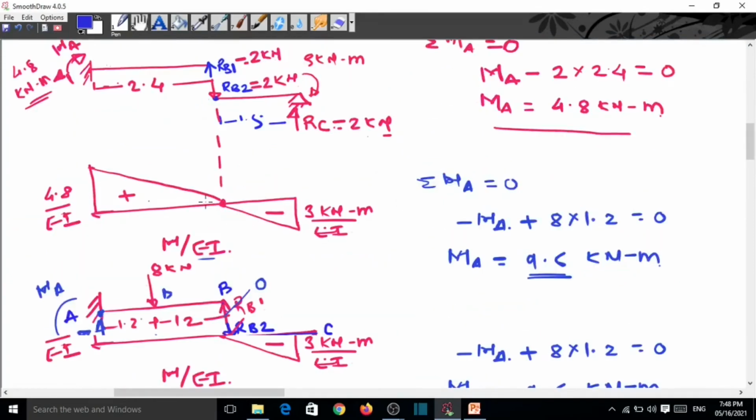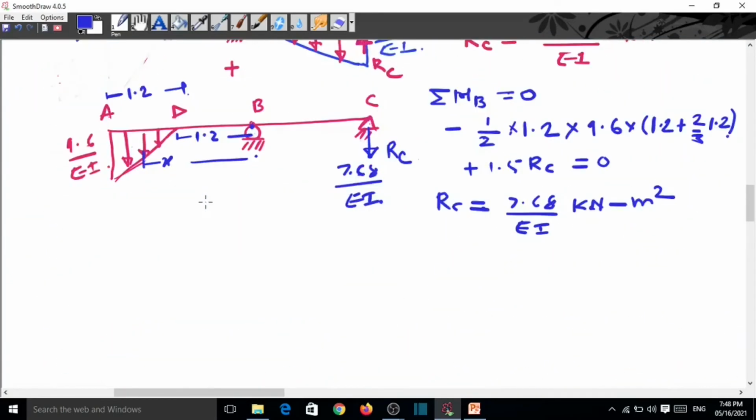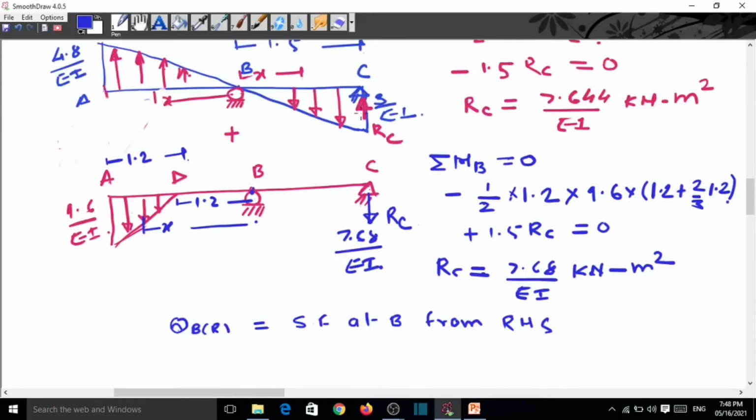So we can say that here from this original figure, theta b from right side, that is equal to the shear force at B from the right side, from the RHS.